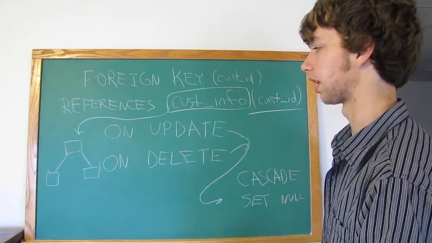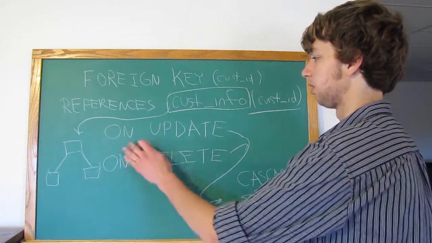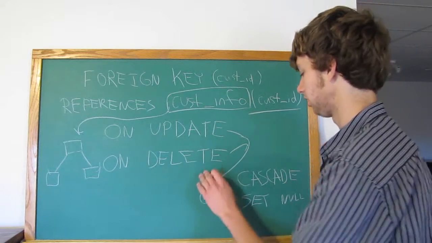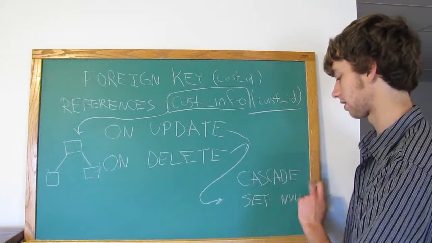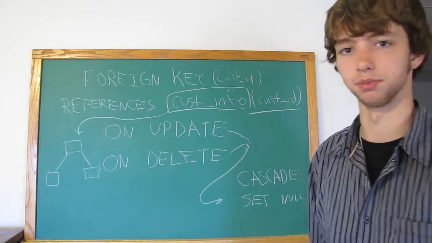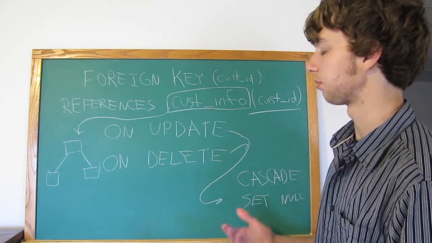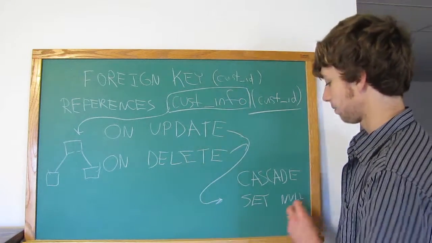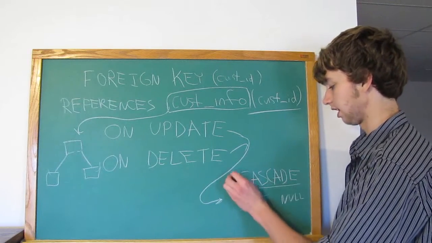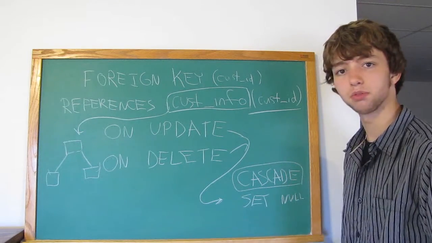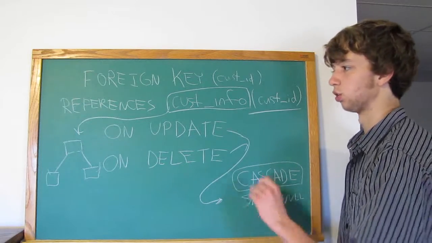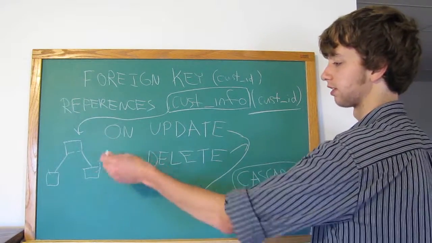So if you want to break it up more, there are two options: on update and on delete, and then you can put two things after it: cascade or set null. There are some others, but these are the main ones. So what does this mean? Let me explain these first. Cascade will do whatever you do to the main or mother table, and it will affect the children.